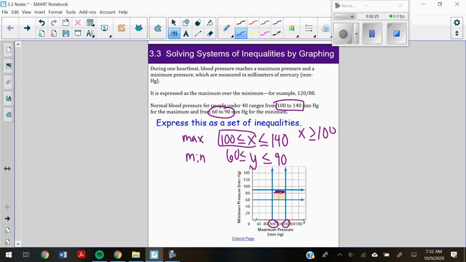Then less than 140, so we shade to the left. This is just shaded where it overlaps. Then we see the same thing with the y's. Here's our 60, here's our 90. We're going to shade below 90 and we're going to shade above 60. So that little yellow box, which is now purple, is our solution set.